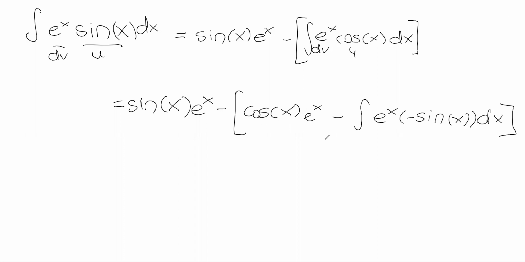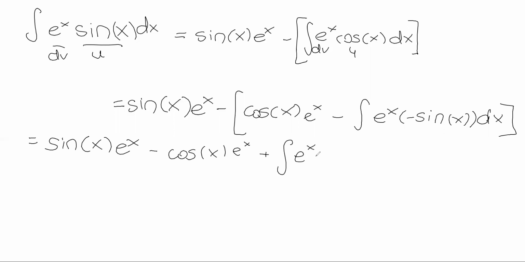So from here, before we continue, I want to distribute this negative sign. We're going to arrive at this. And then we have plus the integral of e to the x times negative sine of x.